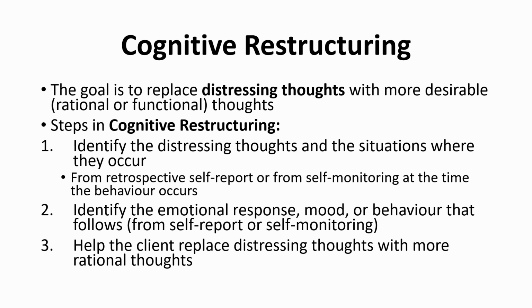And so a retrospective self-report would be asking you to sit down and think about what kinds of thoughts you remember having. So retrospective because you're being asked to reflect back on things that you experienced in the past. And it's a self-report because you're the only person that knows your own thoughts. So you would need to report what you remember thinking.